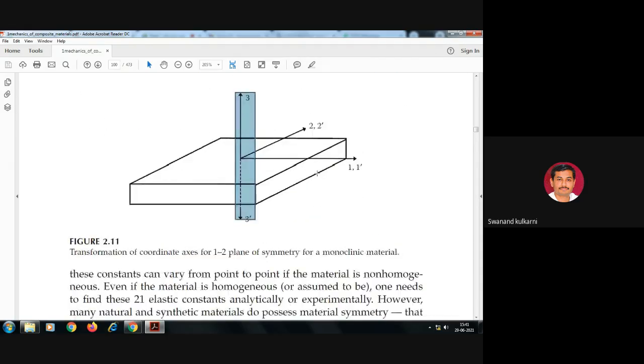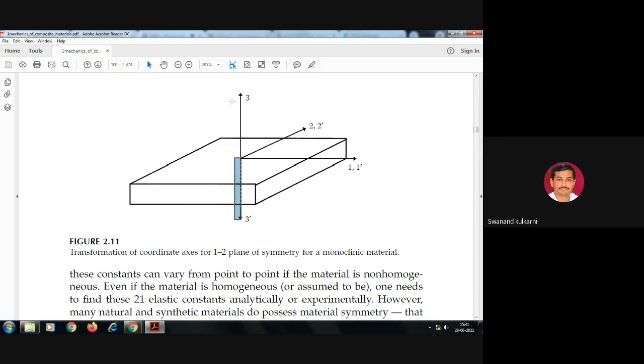Means in monoclinic material, what happens? This is the plane of symmetry. For the third direction, for 3 and 3 dash, properties are the same. In this direction from the center upward, and from the center in the other direction, the properties remain the same.